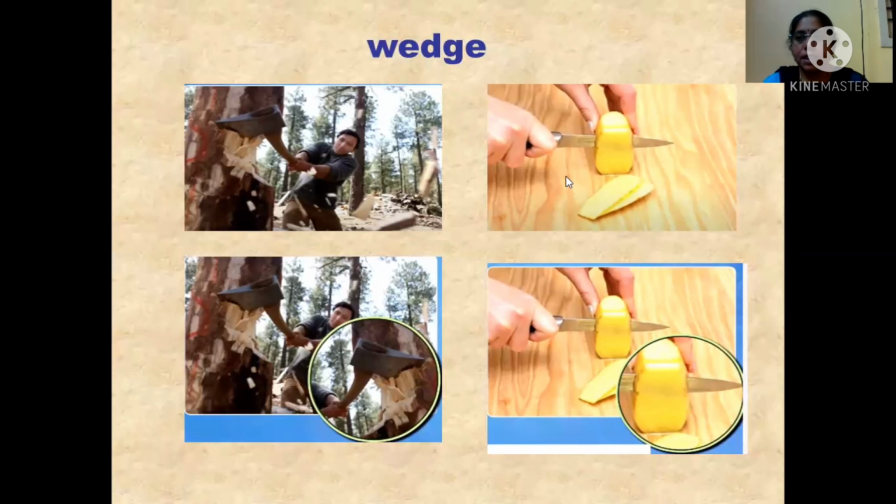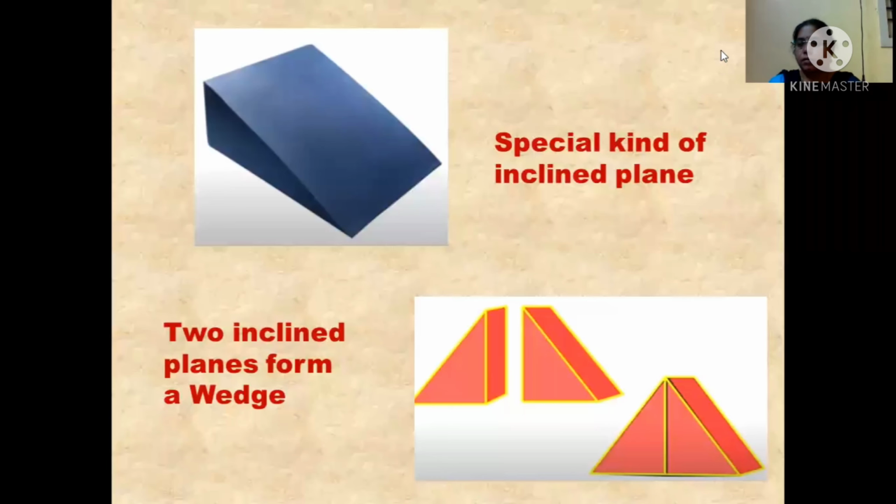Wedge. A wedge is a sharp-edged object having a special shape which helps us in piercing or cutting an object or material. The wedge is a special kind of inclined plane.